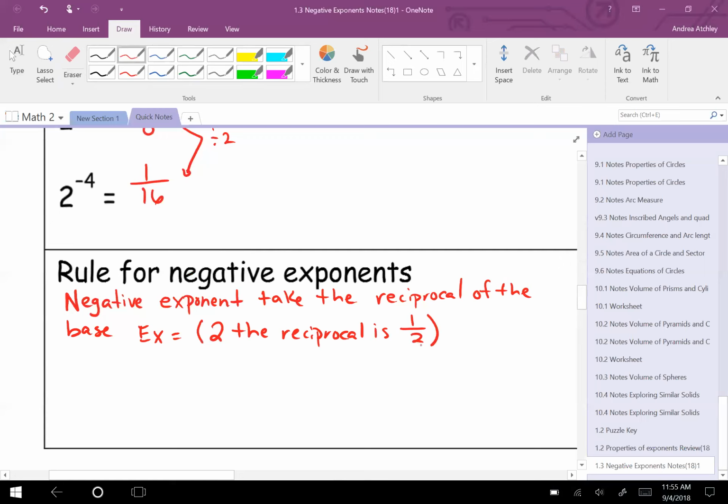You flip the whole number. Then raise it to the given power.